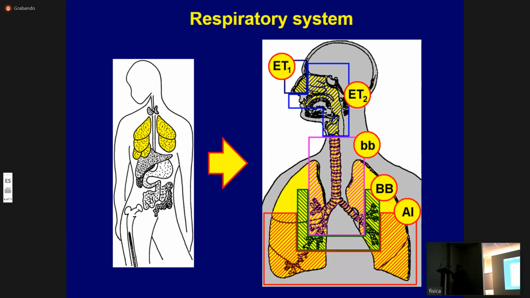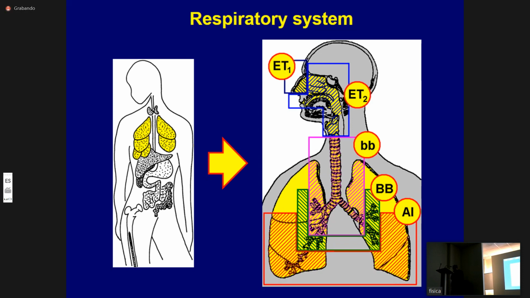And the other group is thoracic. The thoracic region for lungs, within which we allocate bronchial regions, BB, this one, including the airways from the trachea to the main bronchi and bronchi included.